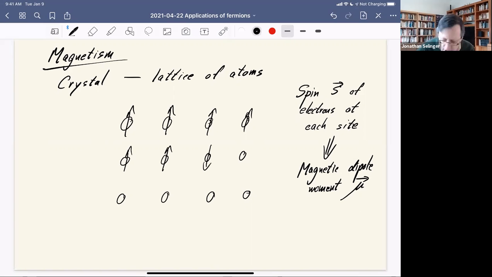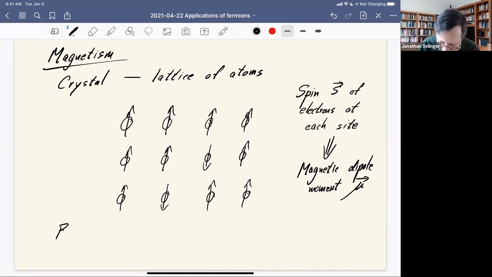Okay, and then there's a larger scale physical question. Okay, that is, what's the statistical ordering of all the spins? Okay, do the spins tend to align with each other, or are they all random?